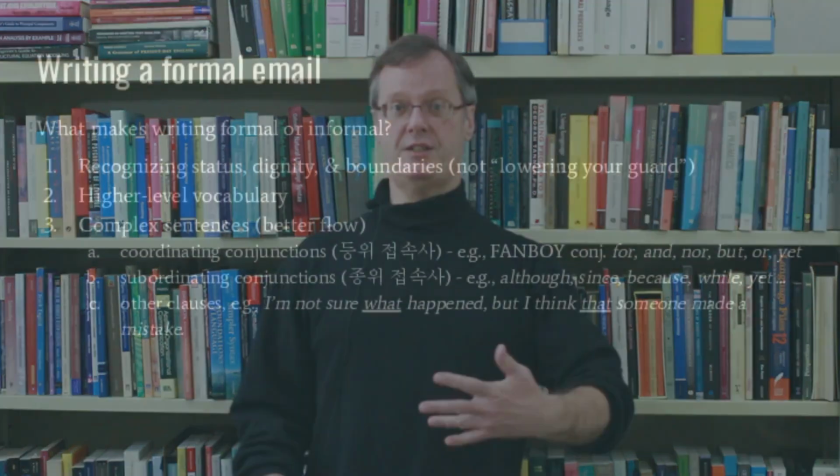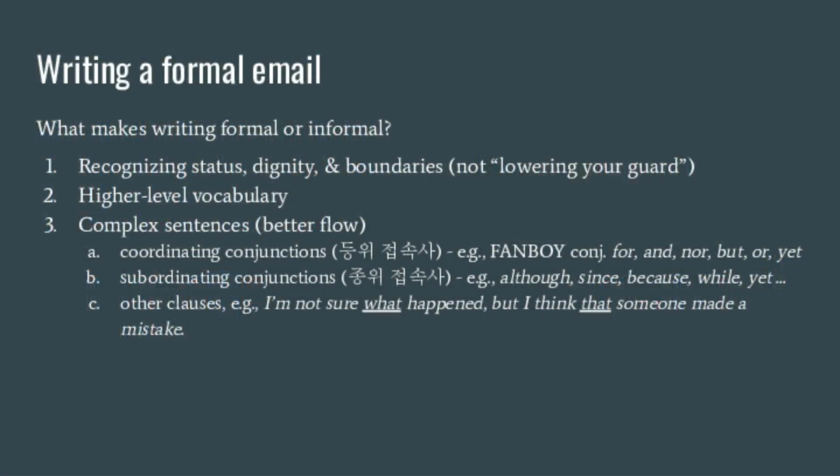First, before we get into the different types of language that are used, the types of formal expressions, formality is a matter of recognizing status. It's maybe the status difference between you and the other person.